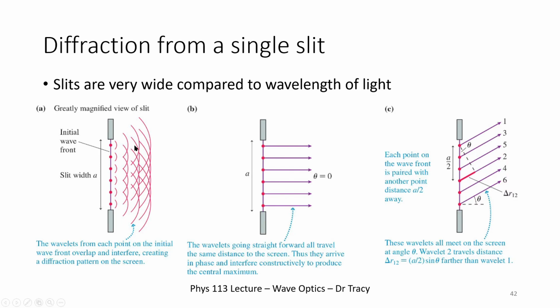And so they propagate outward and form the new wavefronts as they go forward. And in image B here, you see them propagating forward to produce a central maximum, but they can also propagate outward and have a shared pathway that allows them to interfere constructively with themselves.